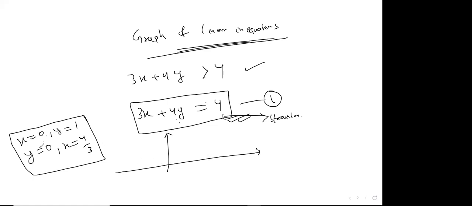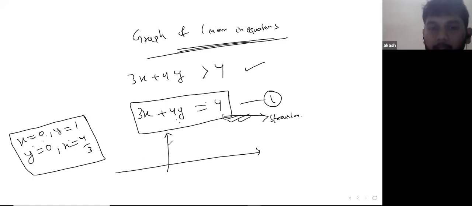So the first step is x equals to 0, y equals to 1. That means this point. y equals to 0, x equals to 4 by 3. Somewhere like this, right? So the equation of the line would be something like this, right?